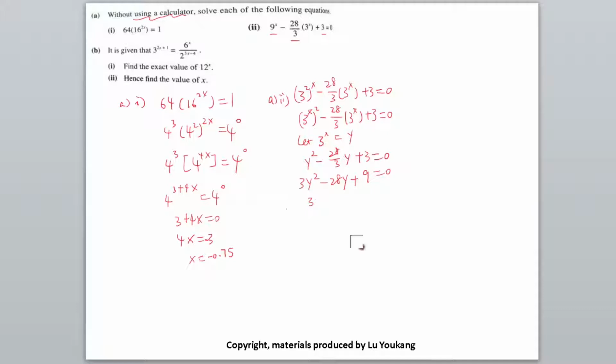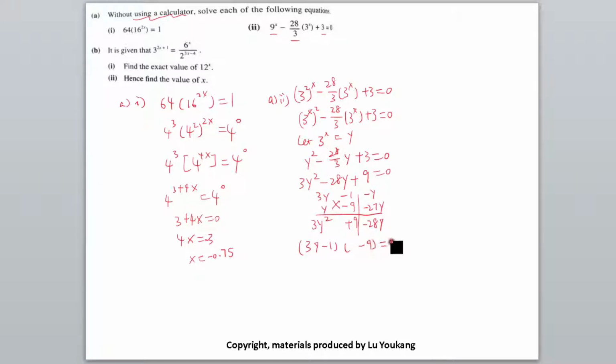This is a quadratic equation. For a quadratic equation, you have 3 methods to solve: you can use the table method, or the formula, or completing the square. But over here, let me use the table method, and I hope you still remember the way to solve a quadratic equation using the table method.